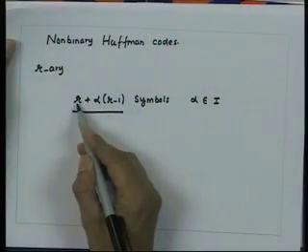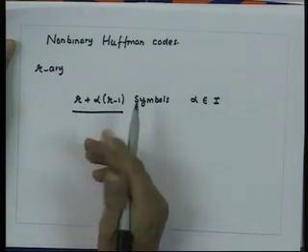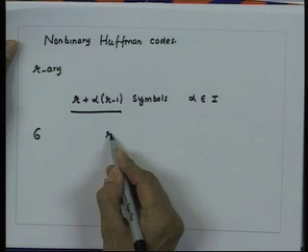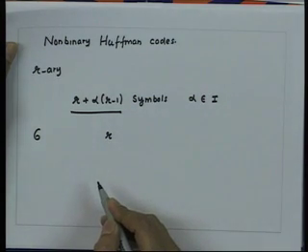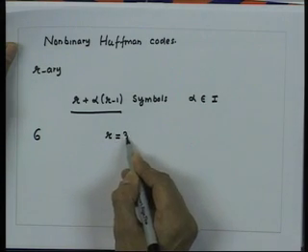Now it is not very difficult to show this. Take a simple example. Suppose I start with 3 source symbols; with 3 source symbols alpha is equal to 0 and it satisfies this condition. Now, let us take an example where I have 6 source symbols to start with, and I want to do the coding using a code alphabet of size R equal to 3.